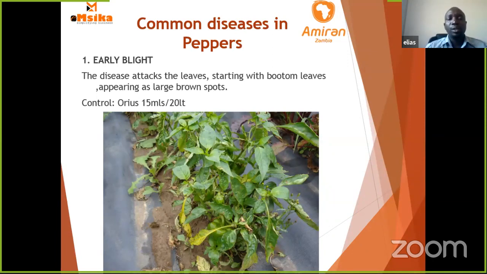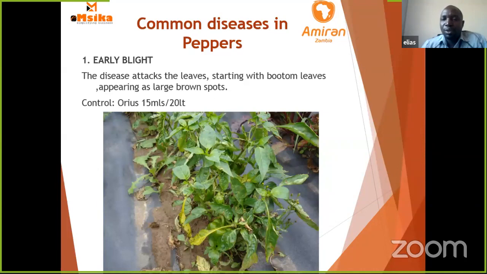So we've talked about the common insects that we can find in peppers, but allow me now to take you through the common diseases that are found in peppers. To start with, we look at early blight. This disease attacks the leaves, starting with the bottom leaves, appearing as large brown spots.